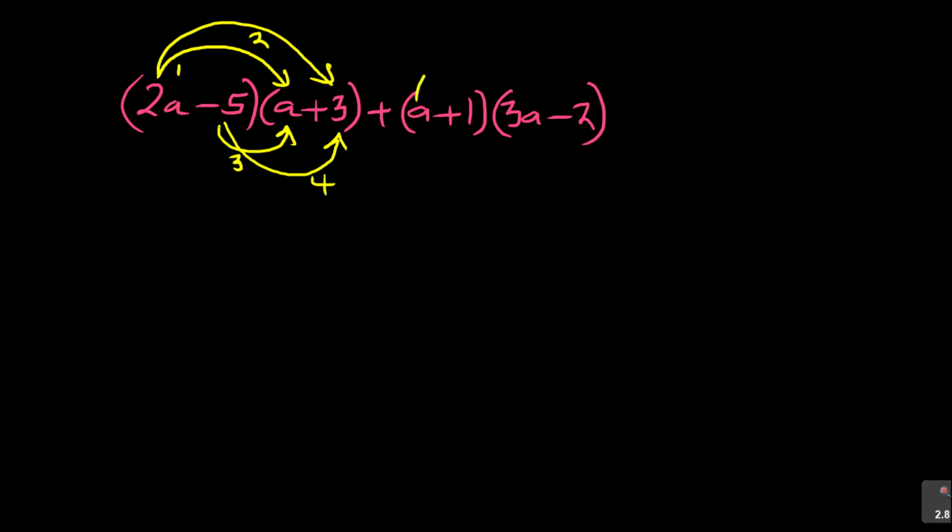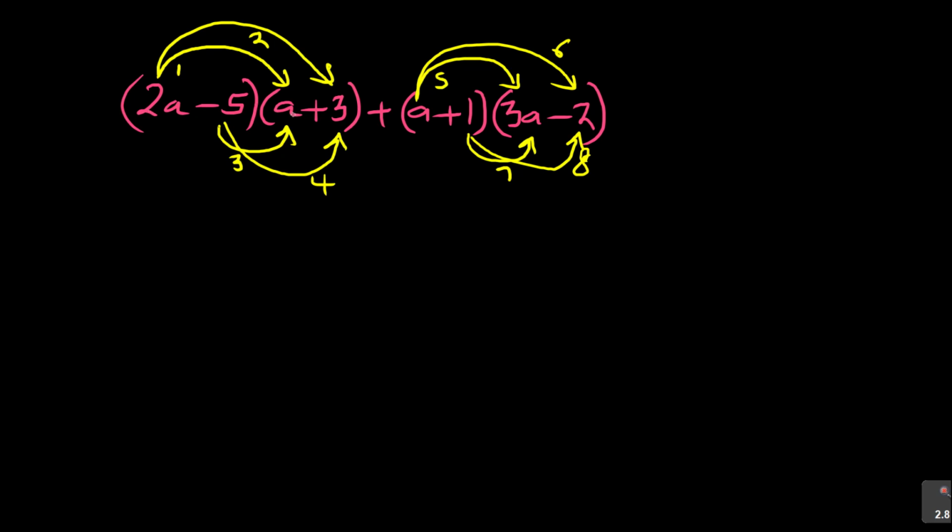And then this one multiplying that is my number 5. That multiplying that is my number 6. This one multiplying that is my number 7. And this multiplying that is my number 8. So whenever there are 2 separate, actually 4 brackets with a plus in the middle of them, it's 8 steps, as you can see. So let's get it done.